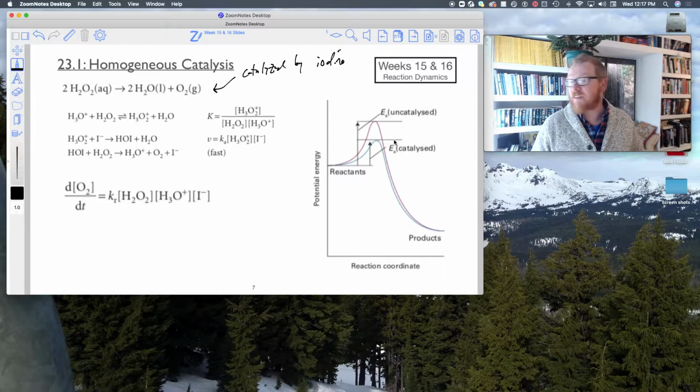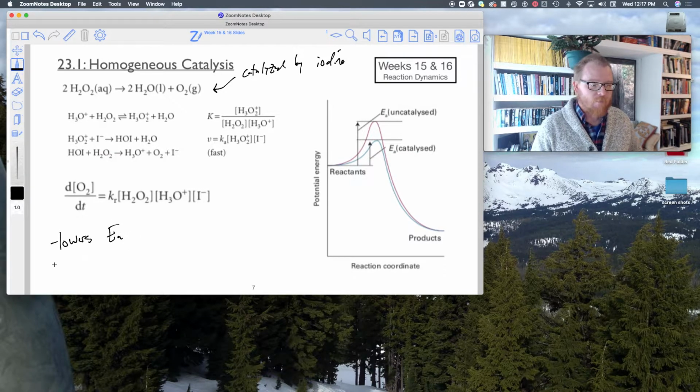So you can see that in this graph right here, right? The uncatalyzed reaction has a much larger activation energy than the catalyzed reaction, okay? And so because of this reduction of activation energy, catalyzed reactions proceed faster. So let's see, lowers EA.